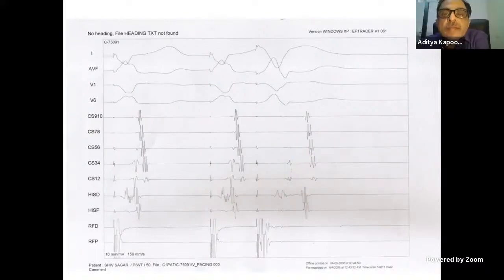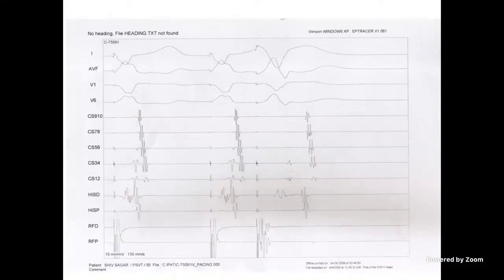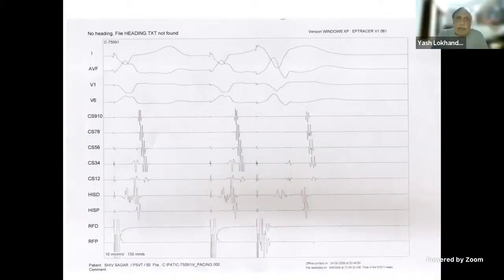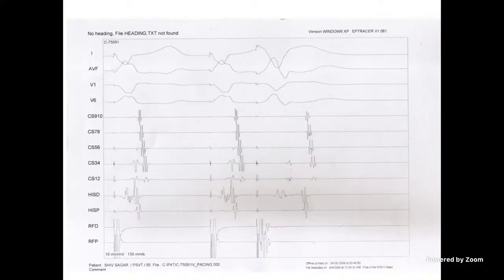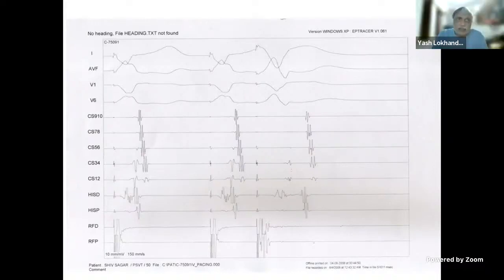What is AVF like? What is its axis? AVF negative. See, you have lead 1 and you have lead AVF. What is the axis of the apex of the right ventricle? What is the axis roughly? Lead 1 is 0 degrees, AVF is 90 degrees.